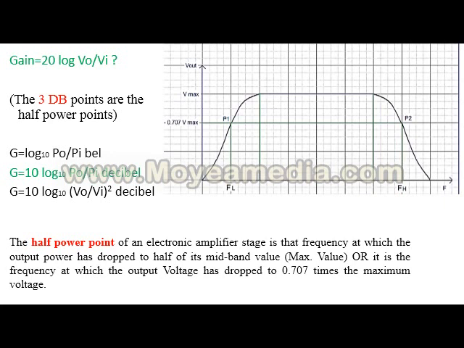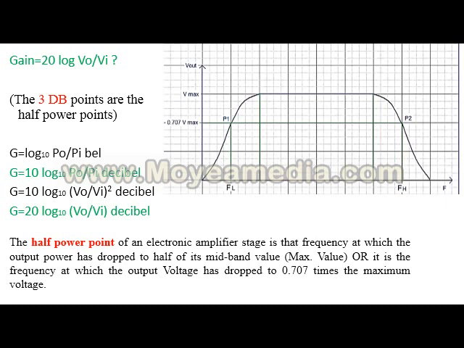We already know power is equal to V square divided by R. If I substitute this equation here, we will get gain equal to 10 log (Vout divided by Vi) the whole square decibel, and it is equal to 20 log Vout divided by Vi decibel. This 20 log Vout divided by Vi decibel is used to draw the frequency response curve.